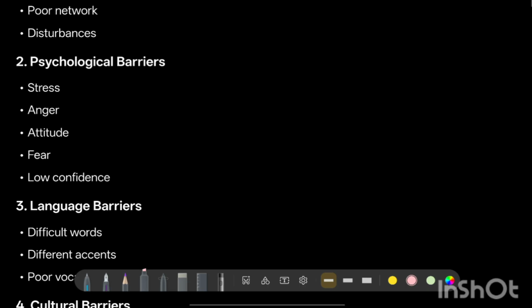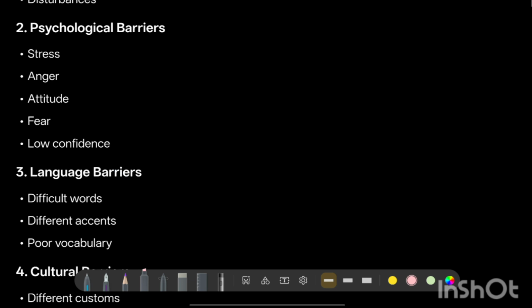If someone is stressed, that is a barrier to communication, because you won't be able to understand what this person wants to say. If that person is angry, that is also a barrier. This is a psychological barrier. Attitude is also a barrier, because if someone is showing attitude to you, they think they are being superior by that, but you won't have a good communication with that attitude.